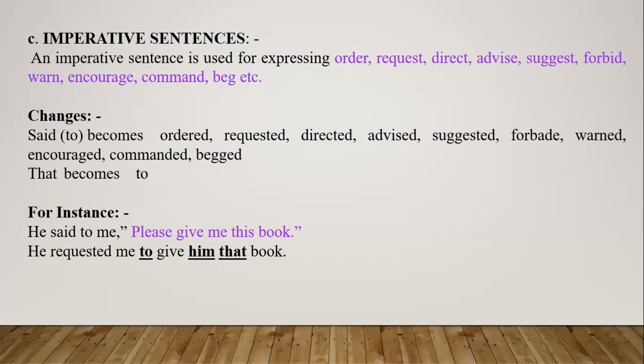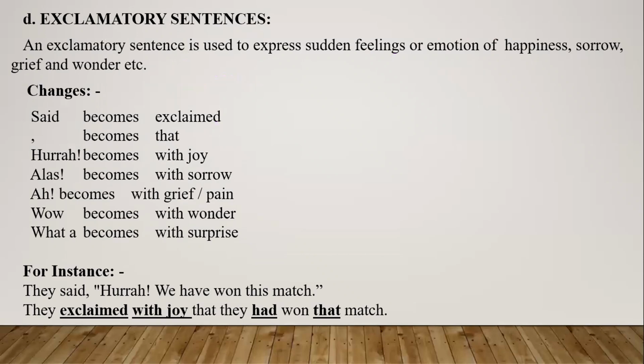Okay, so let's go for the fourth type, exclamatory sentence. An exclamatory sentence is used to express certain feelings or emotions of happiness, sorrow, grief, wonder, etc. So obviously the sentence is changed, so the changes would be according to the sentence as well.